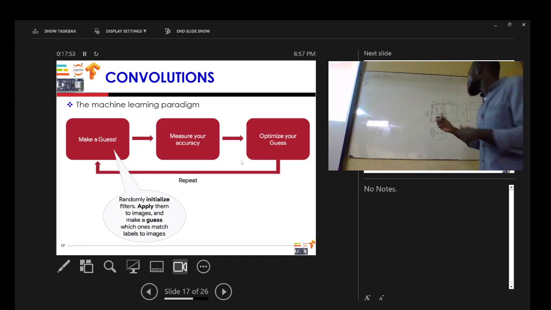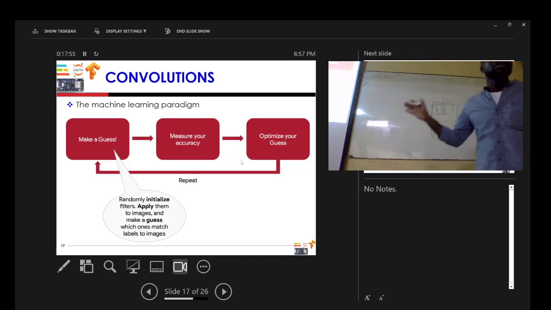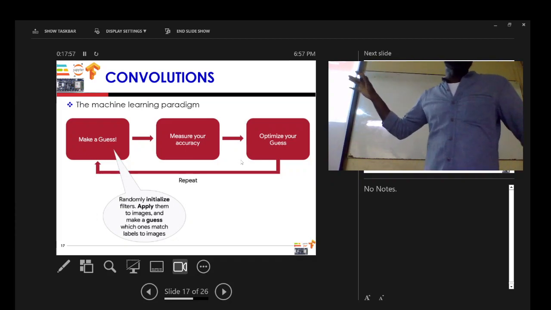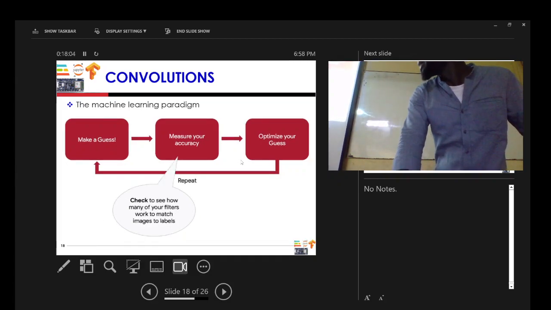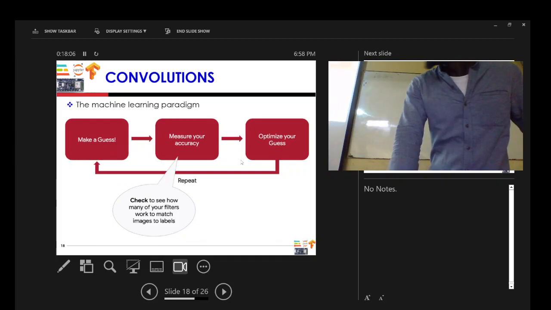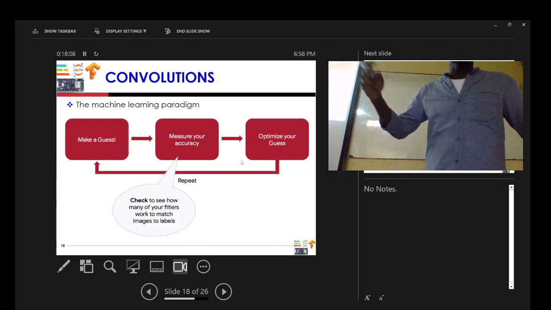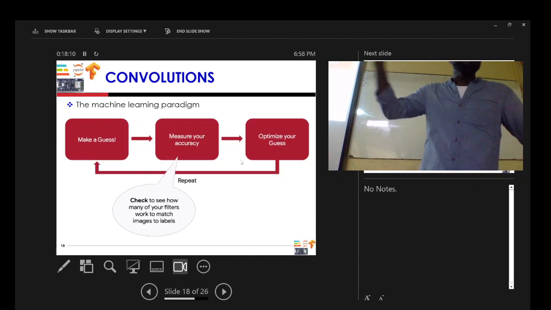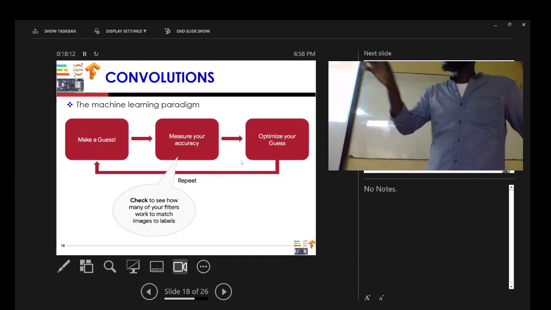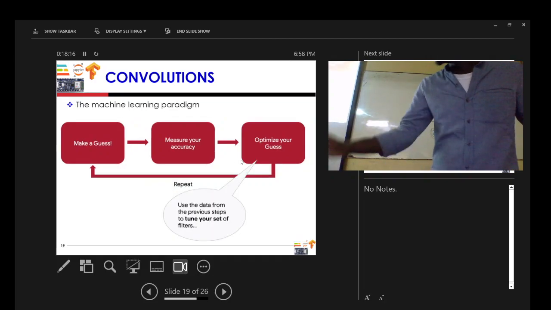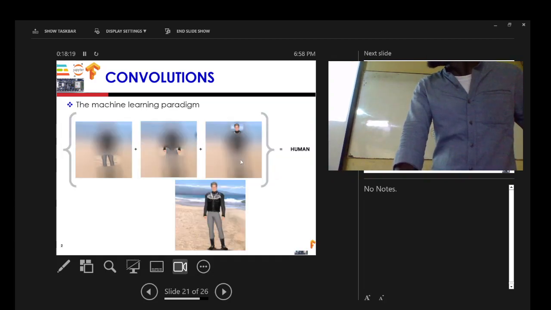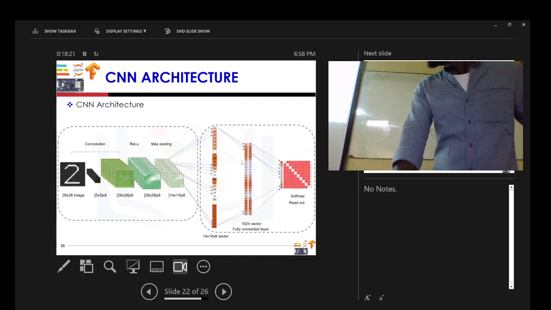Those two by two filters or three by three filters is what the machine is learning, not the weights anymore. So here there are no weights, they are filters. Understood? So you make a guess of the filters, you measure accuracy, and then you optimize. Then you go back again and repeat, and then you are done.